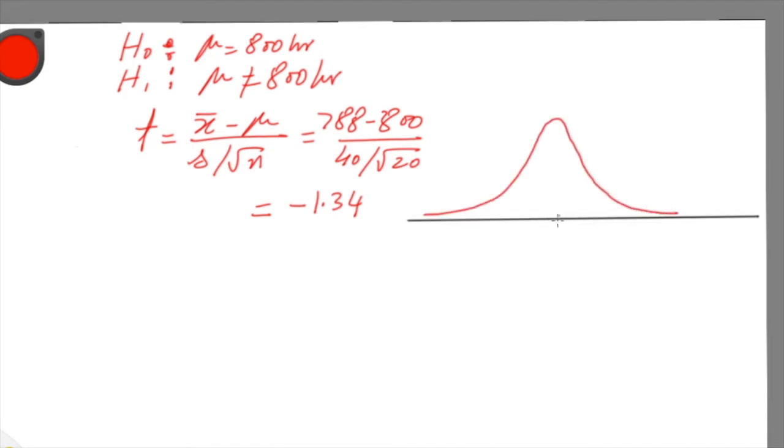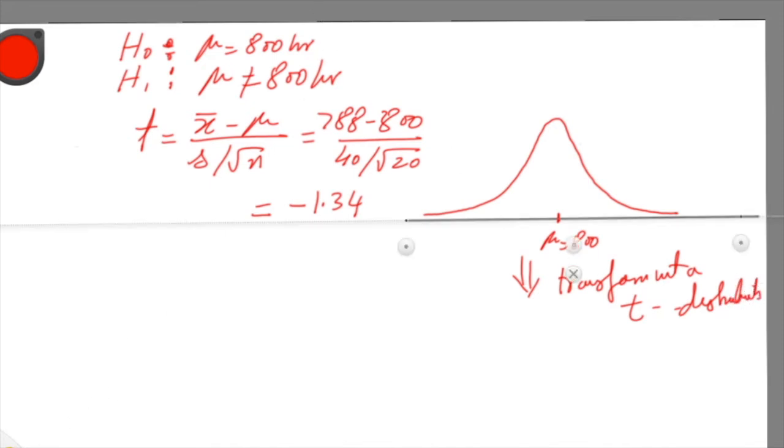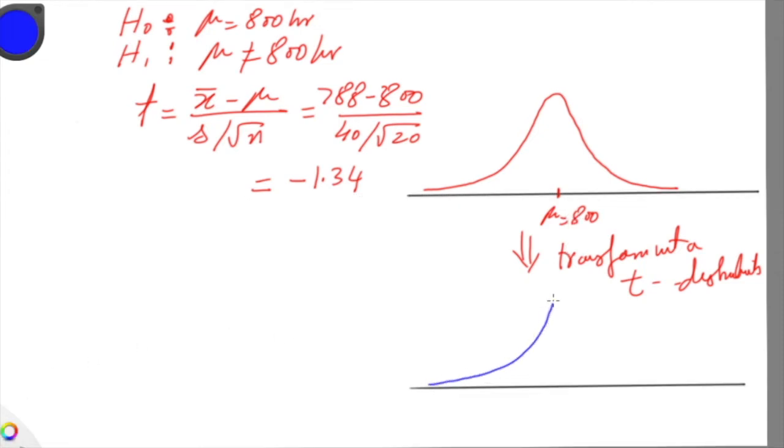Suppose this is the distribution with the mean as 800 hours. Variance is not known. Transform into T distribution. When we transform into T distribution, it will remain the same. But this distribution depends upon degrees of freedom.